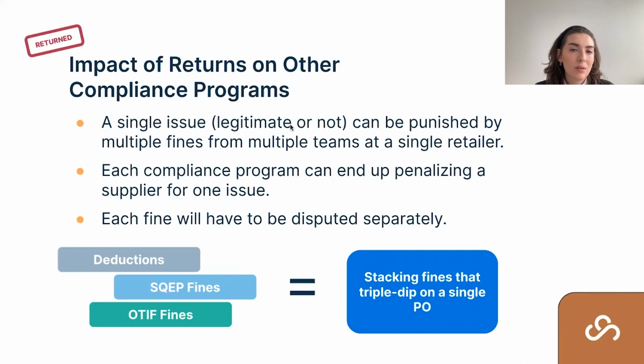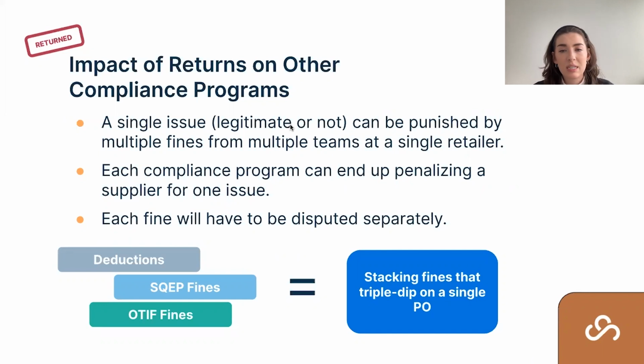But I wanted to call out the other issues that returns can create. When we start unpacking the reasons why suppliers receive returns, you can also make a connection to OTIF fines, which is Walmart's On Time In Full program, and you can receive SQEP fines on top of these types of deductions.